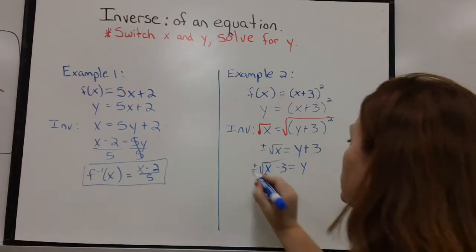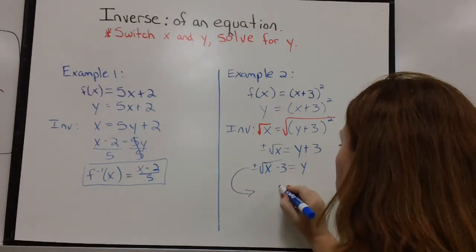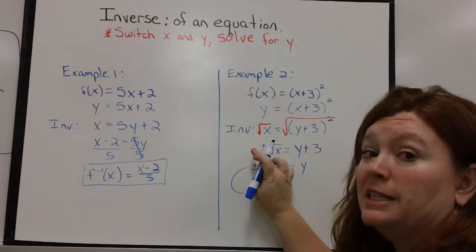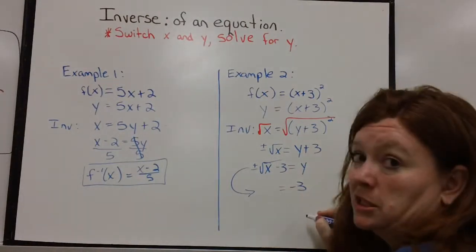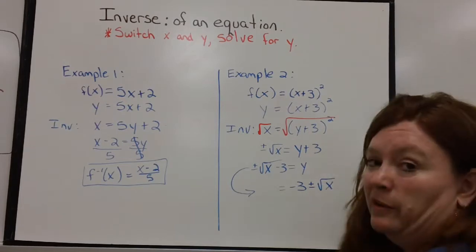So because of that, it's best to write it like this. When I bring it over, it's a minus 3. It's appropriate to write it first and then write plus or minus the square root of x.